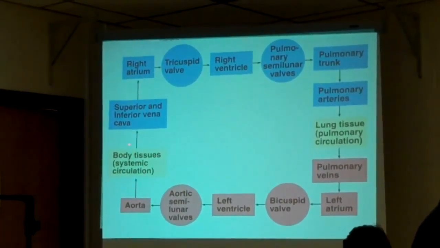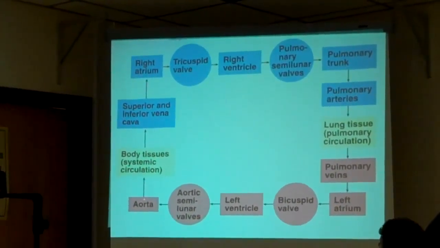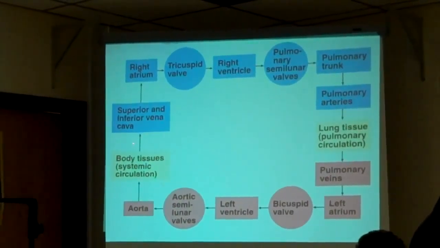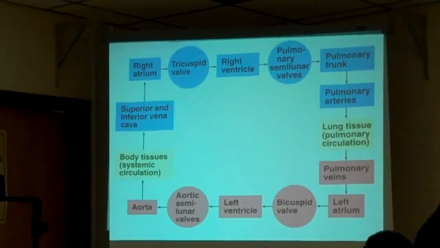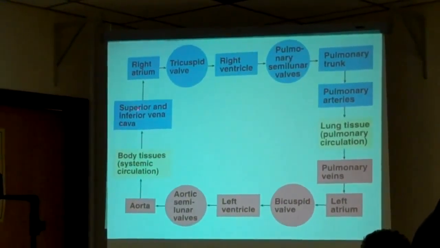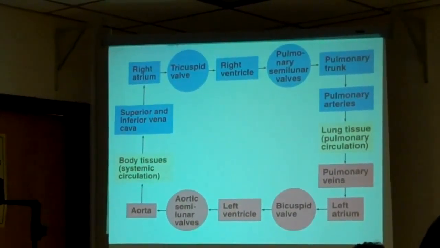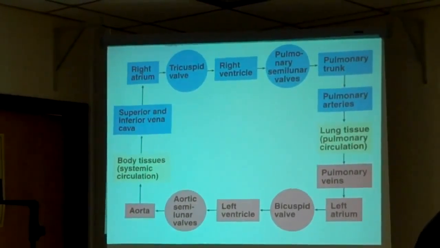Coming out of the aorta, now look at this, there's that word, systemic circulation. The blood gets in the aorta. All right, now let's see. Now wait, let's find a good place to start this. We might want to start it right here. Look at this: superior and inferior vena cava, that'd be the best place, I'm sorry. That'd be the best place for us.